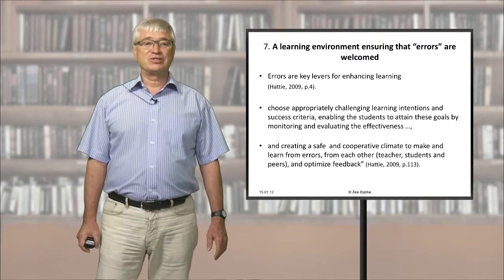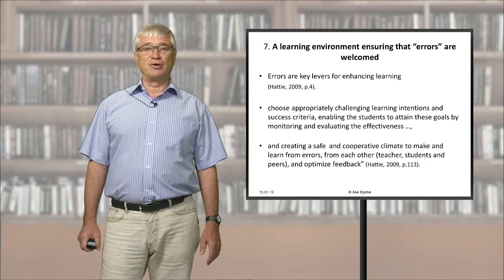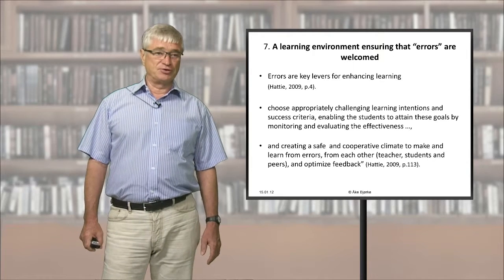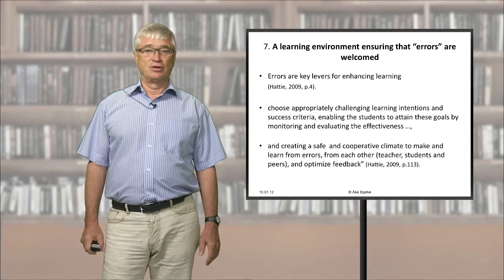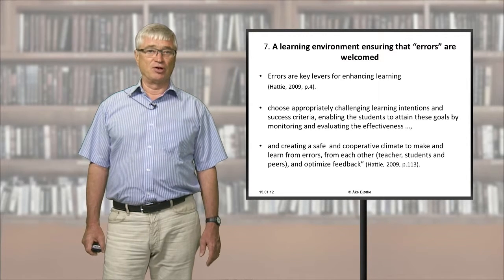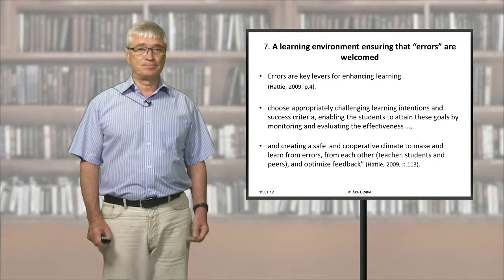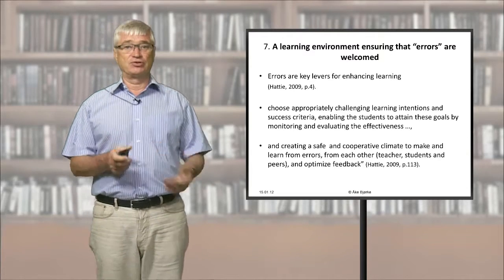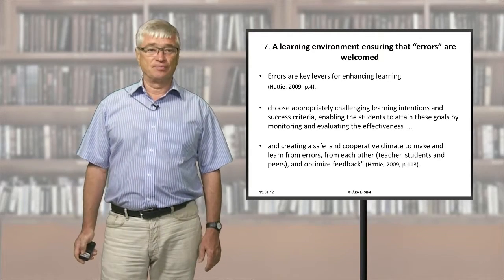Factor number 7 is a learning environment ensuring that errors are welcome. Traditionally, you were not supposed to make errors, then everybody would laugh at you. But errors are key levers for enhancing learning.